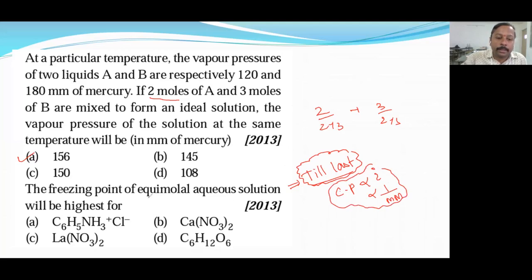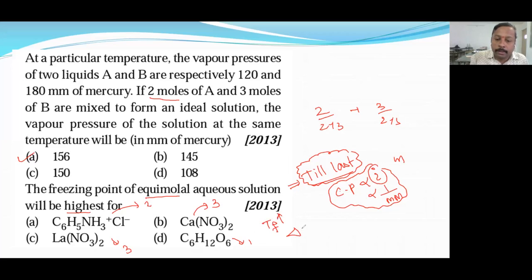Understood? Here nothing is given, equimolal. That means you need not worry about molality. You have to worry about the van't Hoff factor and molar mass. When you consider both of them, for NH4Cl the i value is 2, here the i value is 3, here 3, here 1. Freezing point highest. This is also one of the main problems.